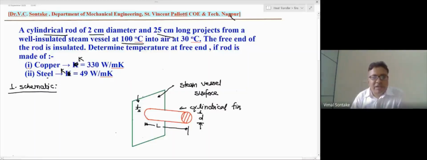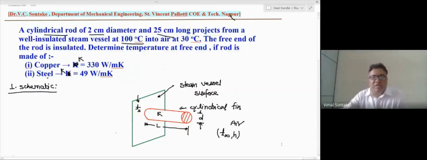The thermal conductivity of the material of this cylindrical rod is k. This entire arrangement is exposed to the surrounding air, having temperature T infinity and convective heat transfer coefficient h.